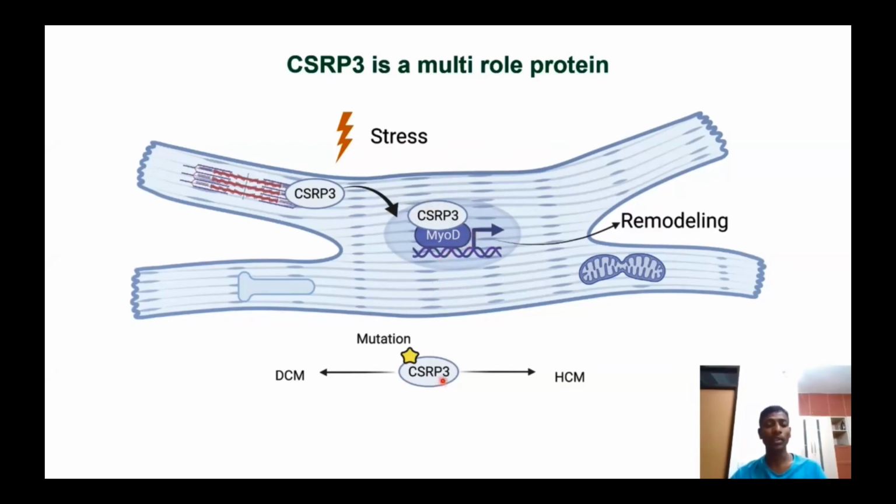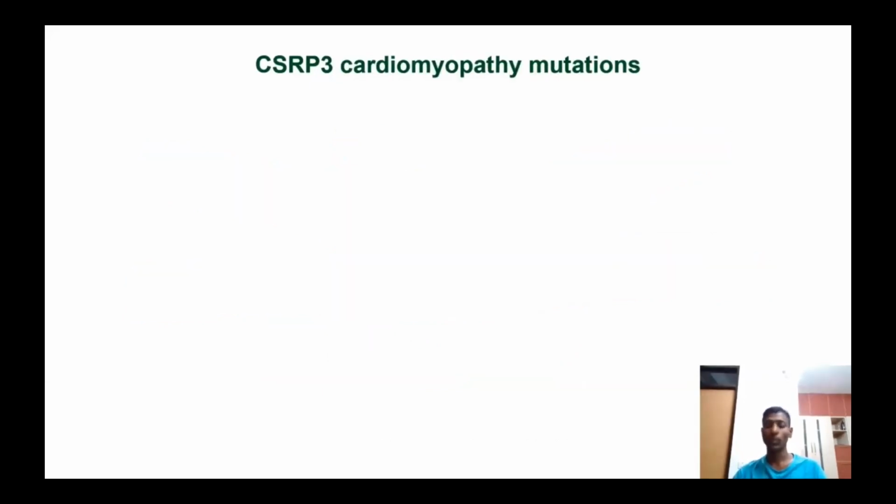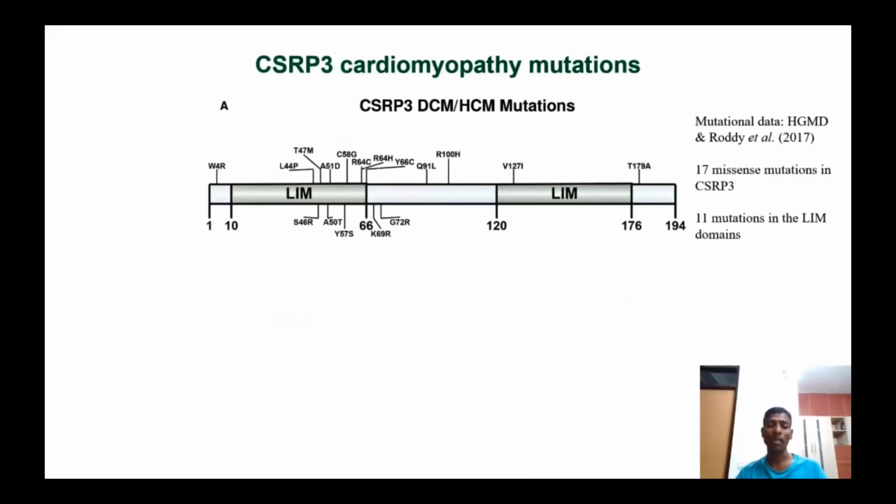Mutations in this particular protein are known to cause the heart muscle diseases known as dilated cardiomyopathy and hypertrophic cardiomyopathy. The very first question we ask: where are these disease-causing mutations localized in the CSRP3 protein? For this, we surveyed all the known mutations in CSRP3 and mapped them to the sequence of CSRP3.